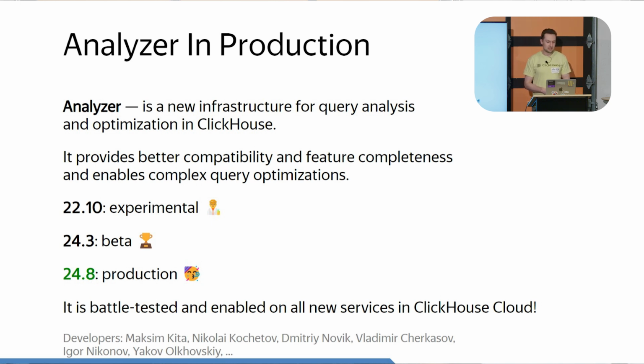We fixed all the remaining bugs, all the remaining incompatibilities. And now we enabled it by default for all new services in ClickHouse Cloud. And since the latest release, it is declared production ready. It is production ready in the cloud, production ready in open source, so it is battle tested. And now please enjoy the new analyzer.